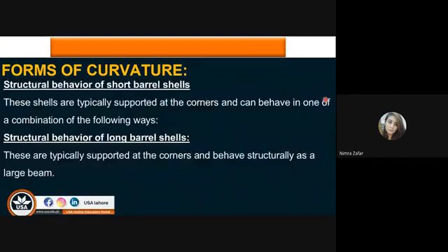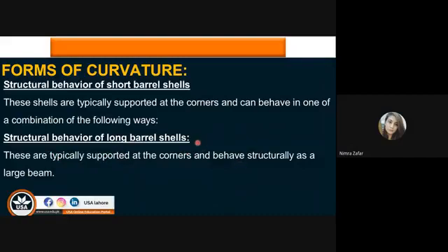Then we have structural behavior of long barrel shells. These are typically supported at the corners and behave structurally as a large beam. In a long barrel, beam action is prominent, so they are supported at the end and structurally behave as a large beam.